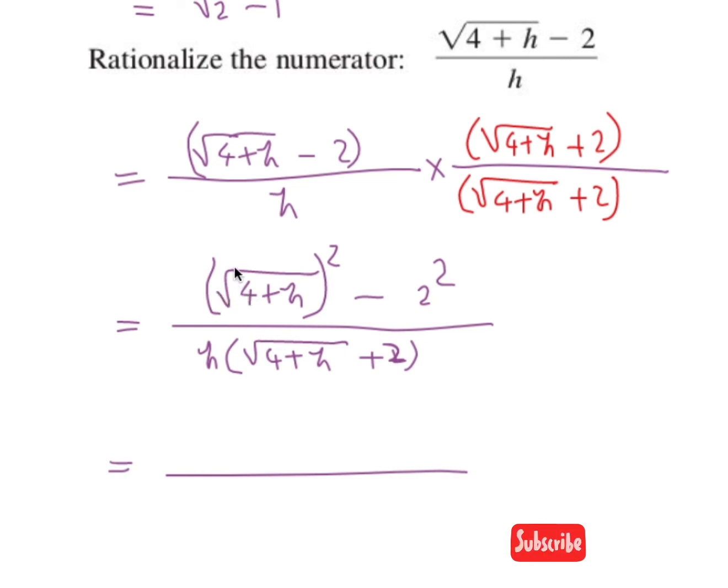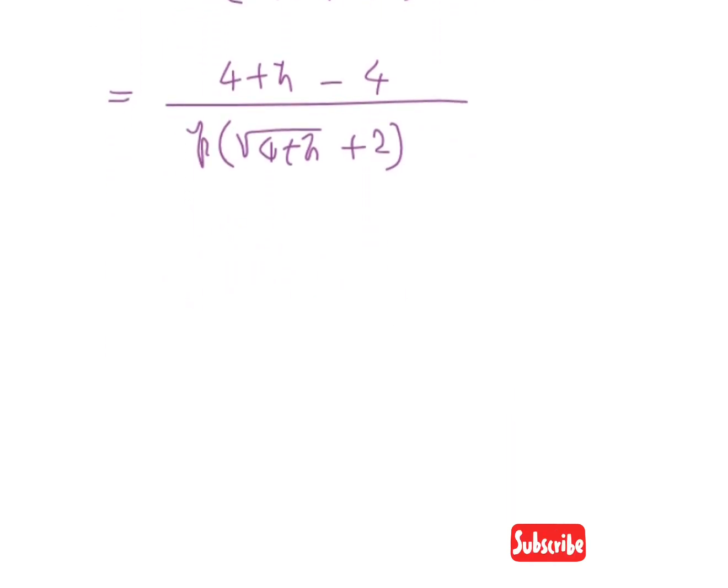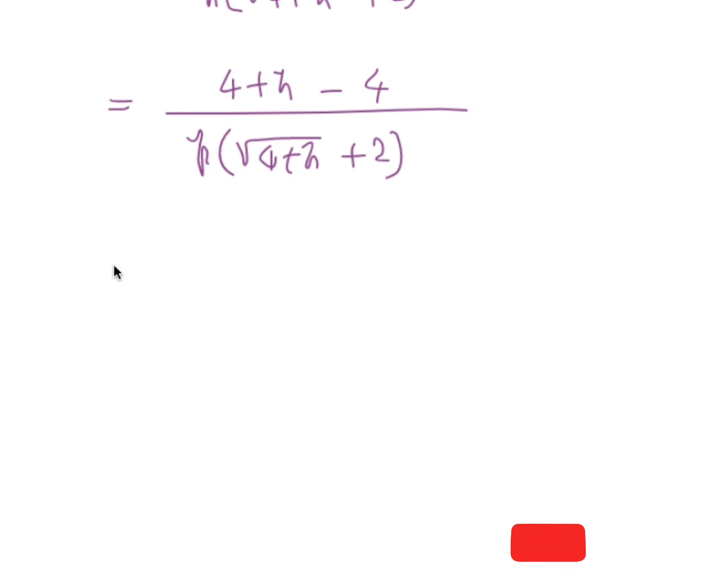Okay, so here square root and square will cancel out, just 4 plus h minus 2 square is 4, h times square root of 4 plus h plus 2. And now here 4 minus 4 will be 0. So this cancels, 4 and minus 4.